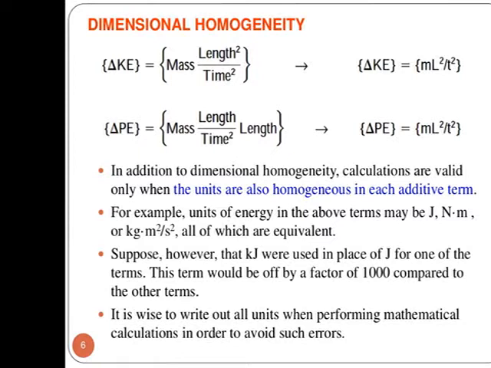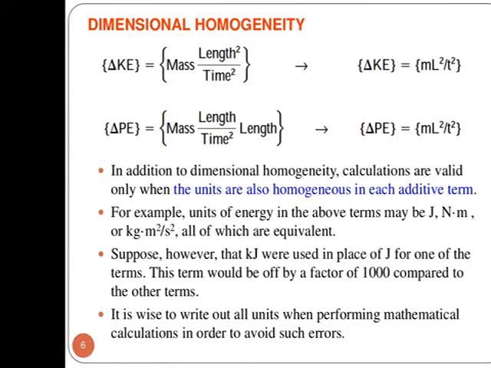In addition to dimensional homogeneity, calculations are valid only when the units are also homogeneous in each additive term. For example, units of energy in the above terms may be joule, newton meter, or kg meter squared per second squared, all of which are equivalent.